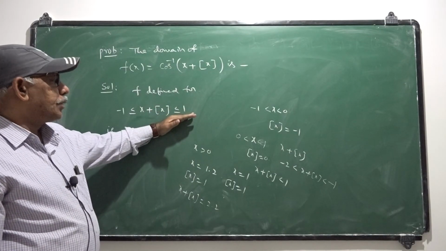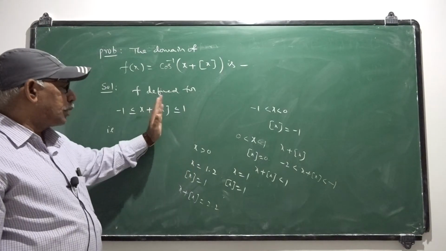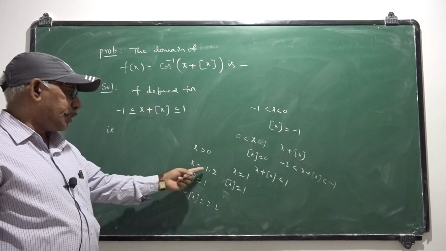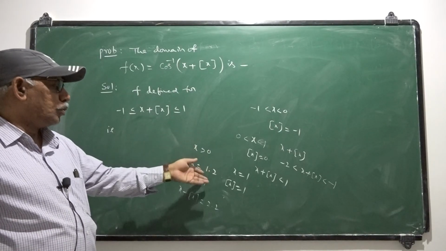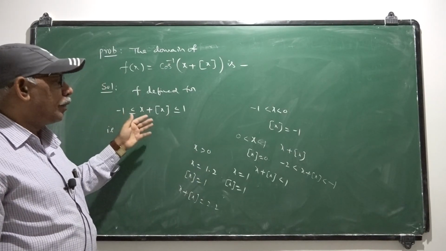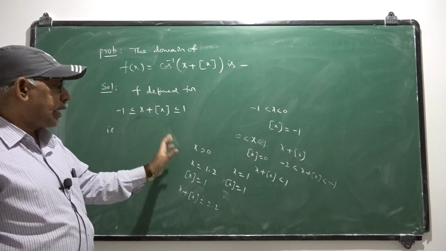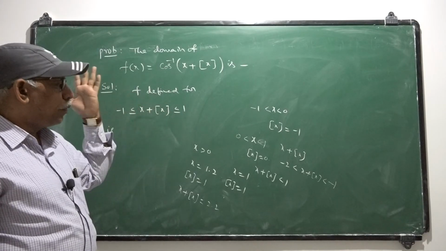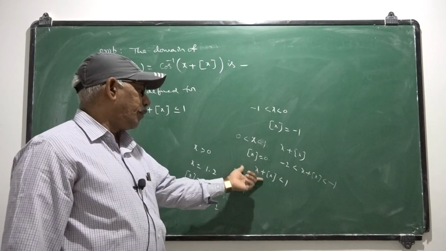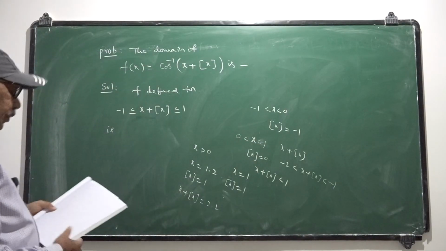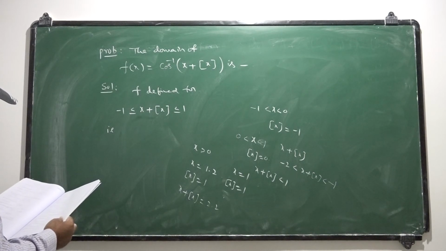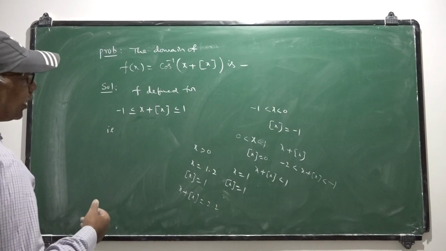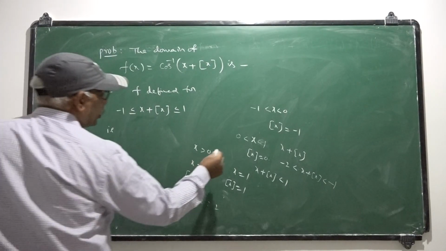In case of x positive, x cannot be more than 1. Once it is more than 1, x plus step x is 2 or more. Hence, it cannot be more than 1 and it cannot be negative. Hence, x lies between 0 and 1 only. It cannot even take the value 1, but it may take the value 0.